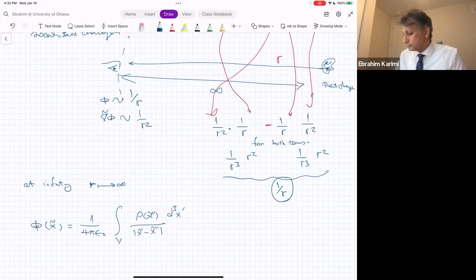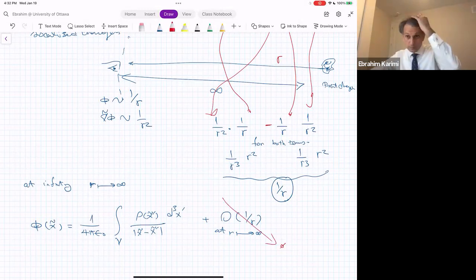And the other term will go as a function of 1 divided by r, which as r goes to infinity, will be 0. Okay? So for a localized charge distribution, when you bring it to the boundary, then the potential is given by 1 divided by 4 pi epsilon naught integral of the charge distribution divided by x minus x prime d3 x prime. Okay?